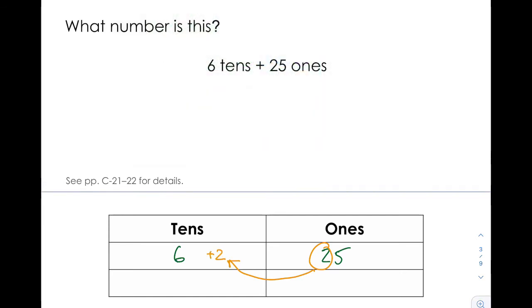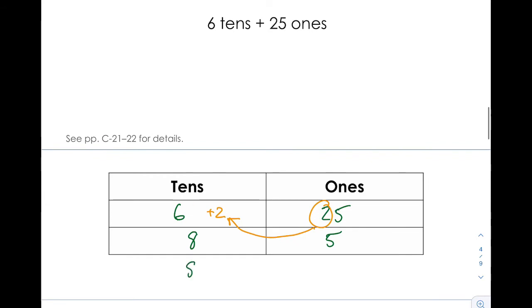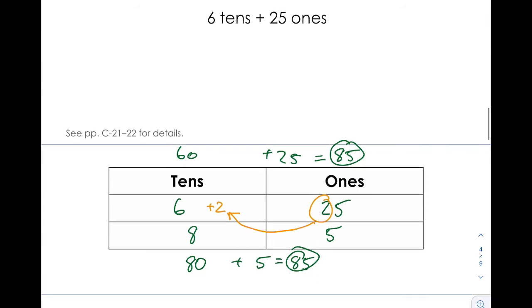And so in the end, we will have 8 tens and 5 ones. 8 tens and 5 ones, that's 80 plus 5 makes 85. And up here we had 60 plus 25, which also makes 85. Okay, just a good way to double check your work.